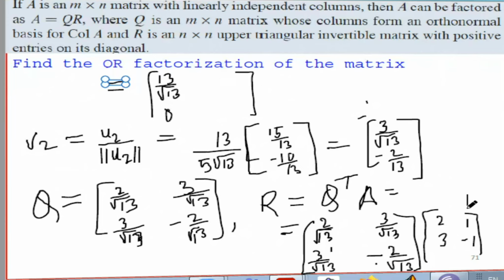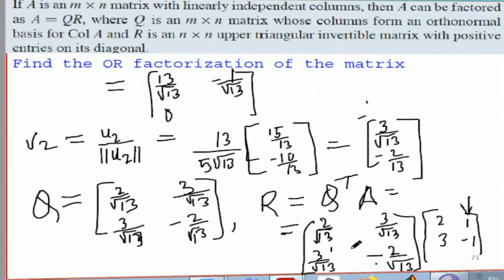For the second column, we multiply by the first row and second row of the first matrix. The second column is (1, -1). 1 is multiplied by 2 by root 13, and minus 1 is multiplied by 3 by root 13. 2 minus 3 equals minus 1, so minus 1 by root 13 is this term.